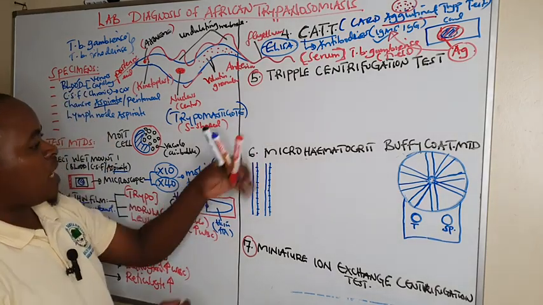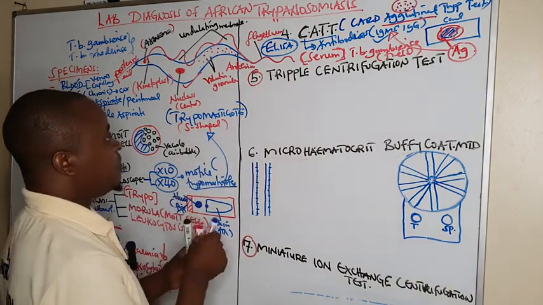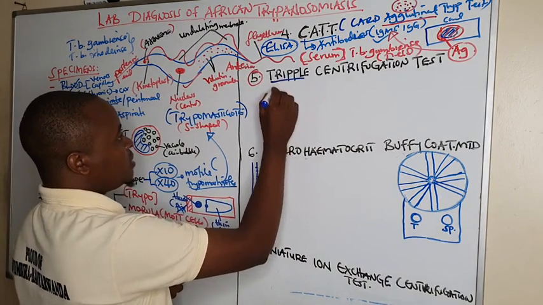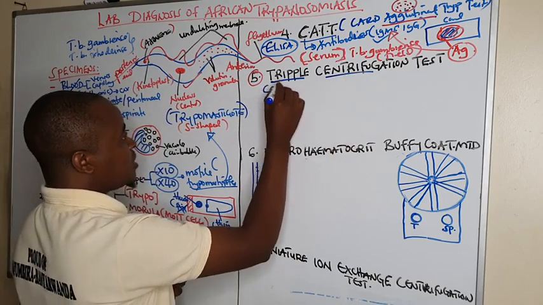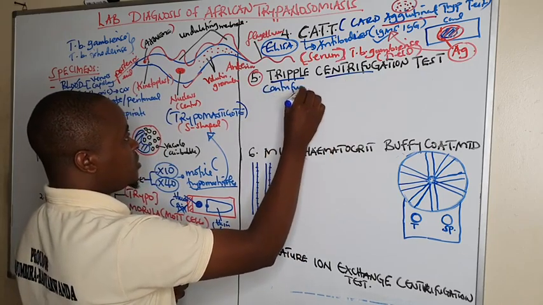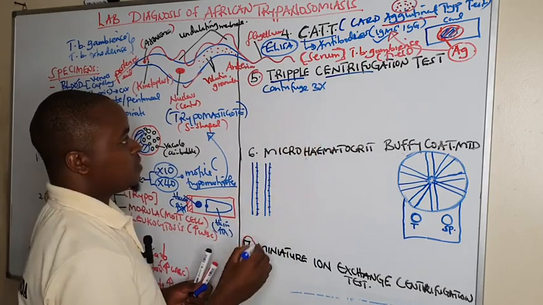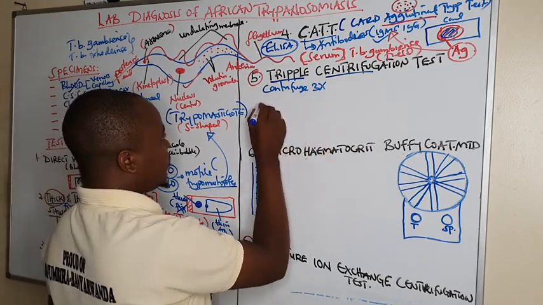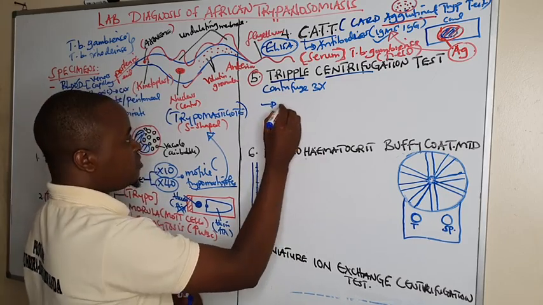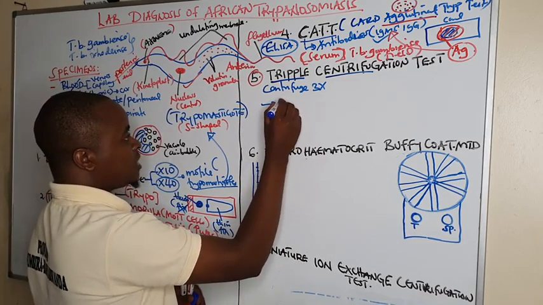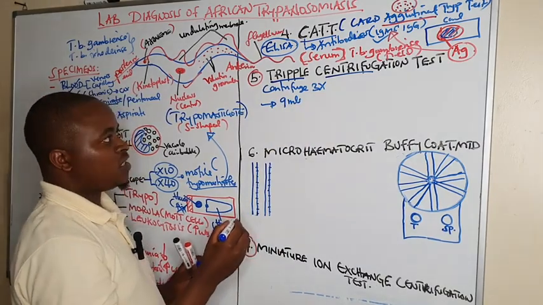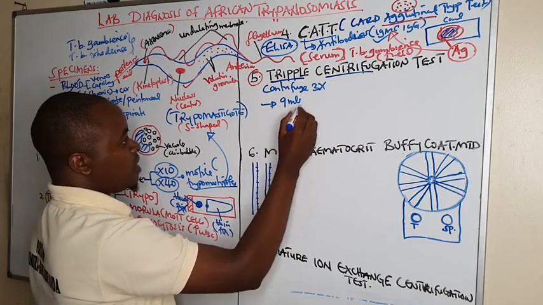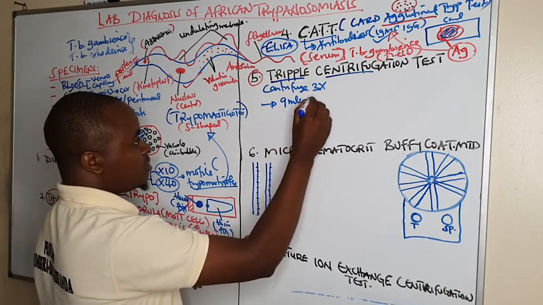So this triple, as the name suggests, means we centrifuge 3 times. The first time, we collect 9 mLs of venous blood, EDTA anticoagulated, and we put it into a tube.